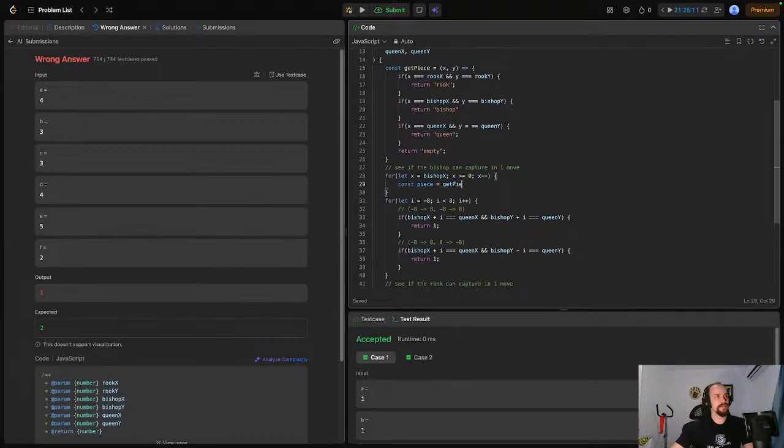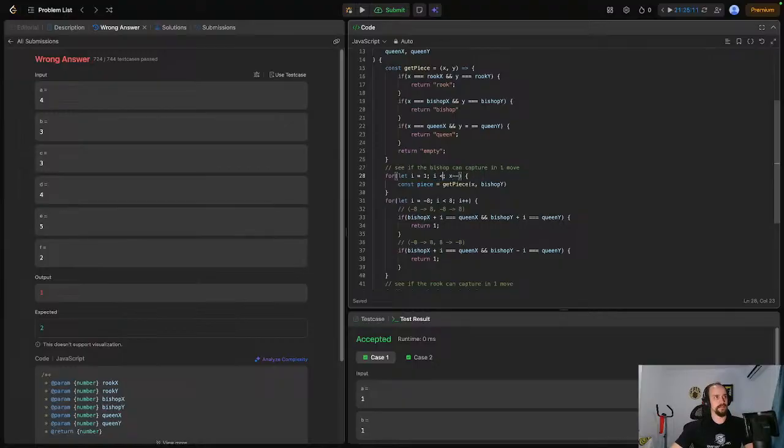So we'll do getPiece, and we'll do bishop x, bishop y. I guess we have to do i. i equals 0. We want to slowly move up and to the left for the bishop. i equals 1. Oh, sorry, i equals 1.